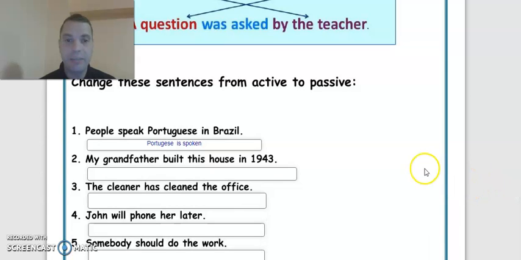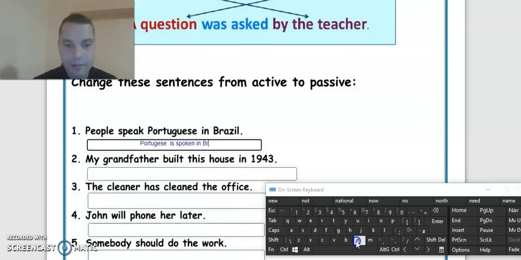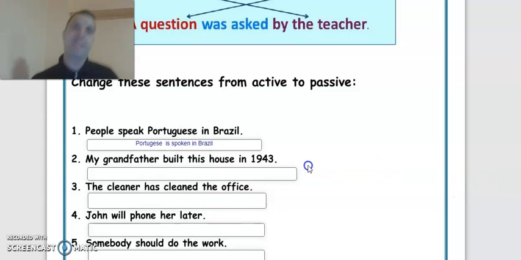Portuguese is spoken in Brazil. So that's written in the passive form. So active, people speak Portuguese in Brazil. But if you say it in the passive voice, Portuguese is spoken in Brazil.